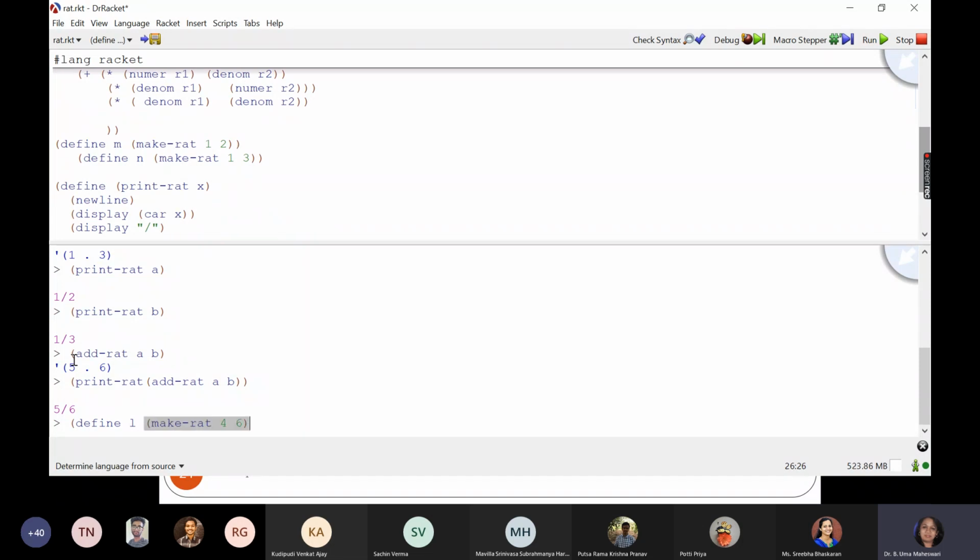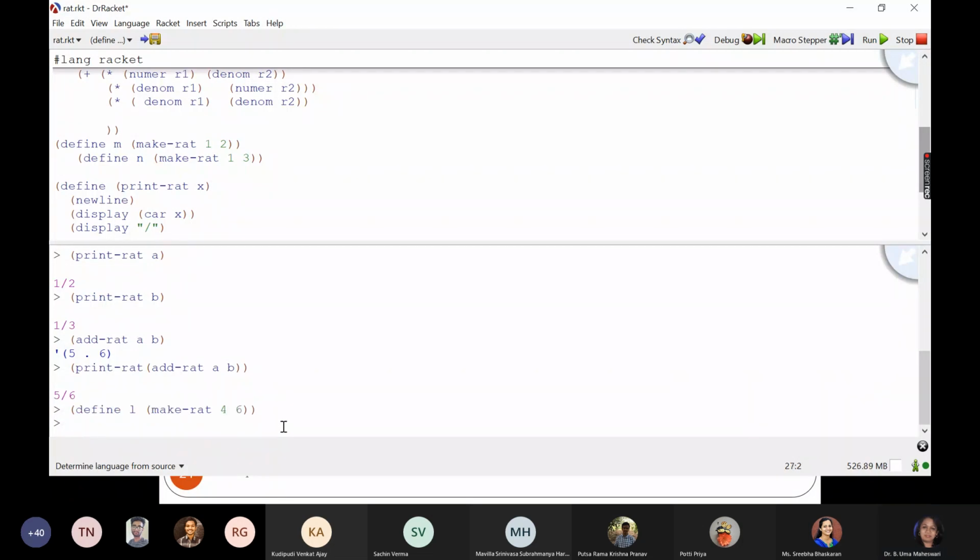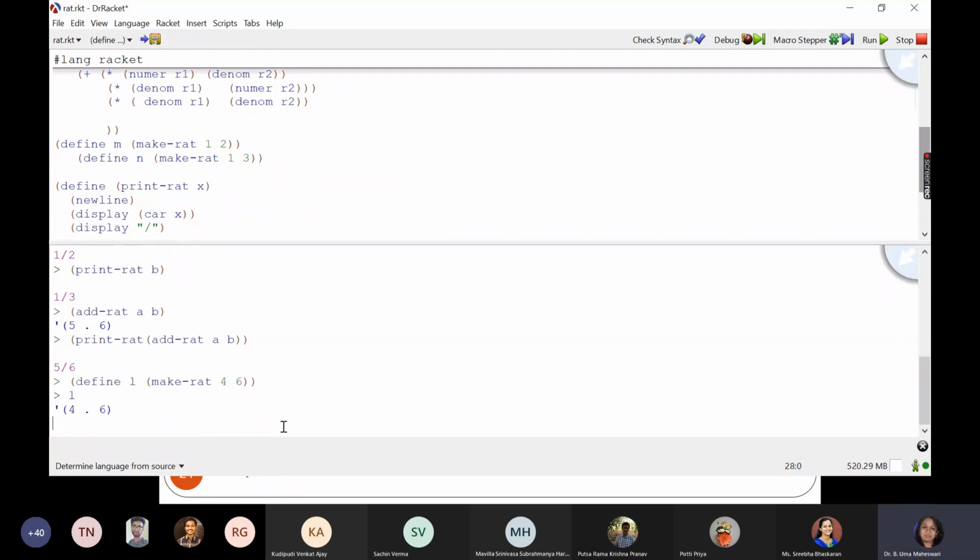Okay. Can you understand what I'm saying? So what I'm doing here is defining a rational number L. L is nothing but 4 by 6. Okay. And if I type L, I can see 4, 6.